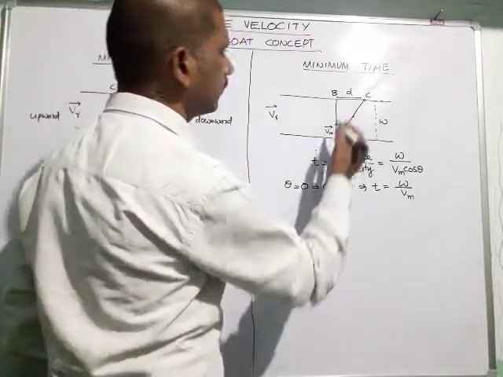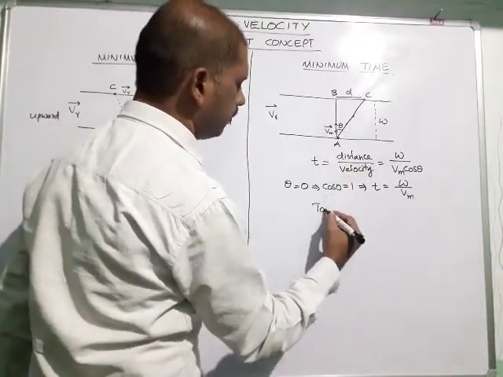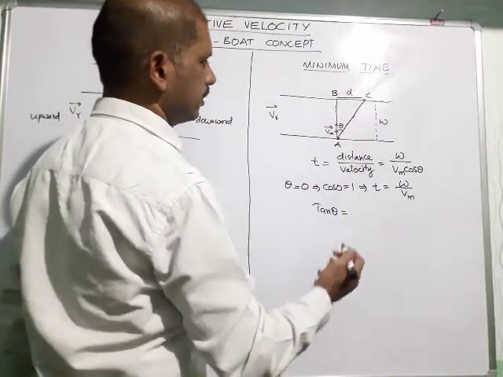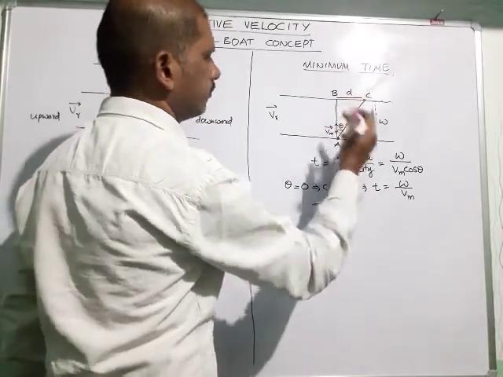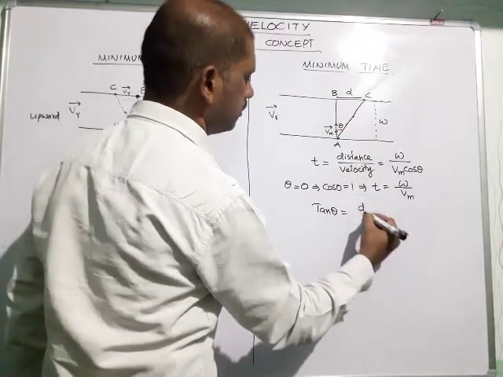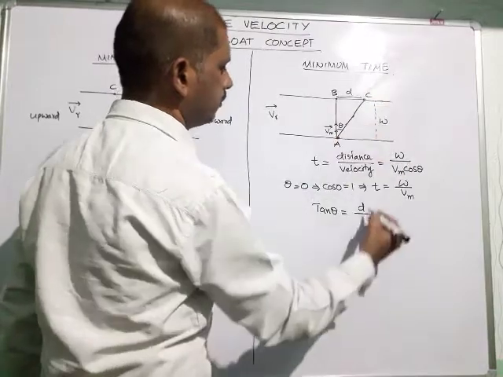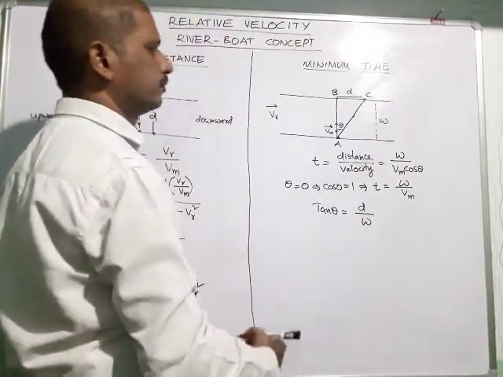Now if you consider the tan theta value, tan theta is equal to opposite side by adjacent side. The opposite side is d, by the adjacent side, which is nothing but the width of the river, w.